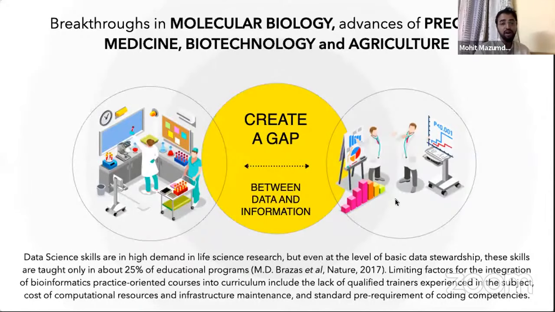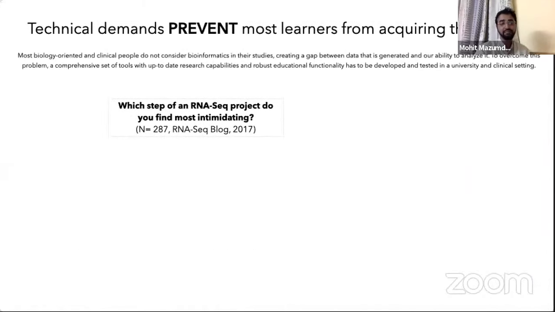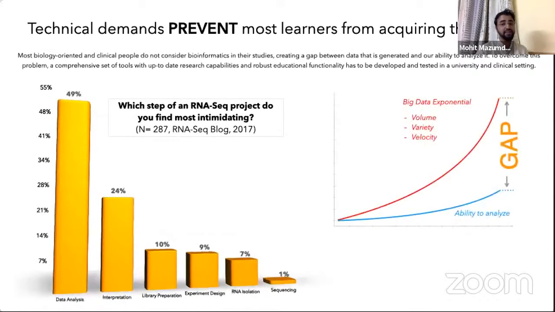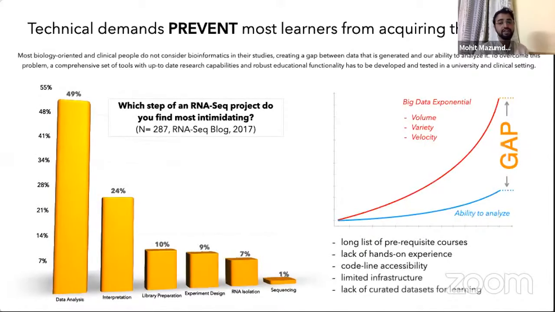So now about bioinformatics and the different kinds of challenges. When we talk about technical demand that prevents us from learning these skill sets, it is because of the computational power that is sometimes required to do all this analysis. In most cases, our ability to analyze data and extract meaningful information is lagging behind because of the pace at which new data is being generated.